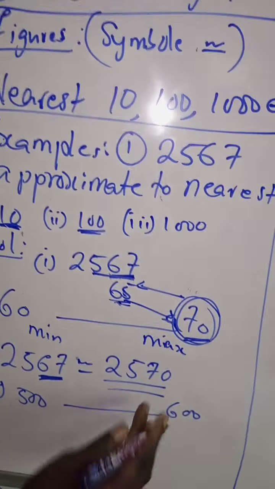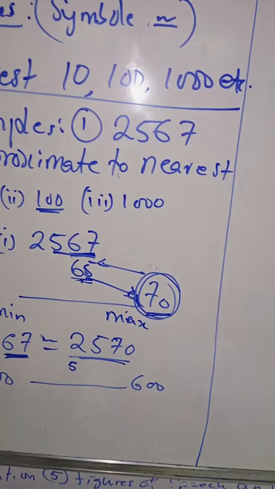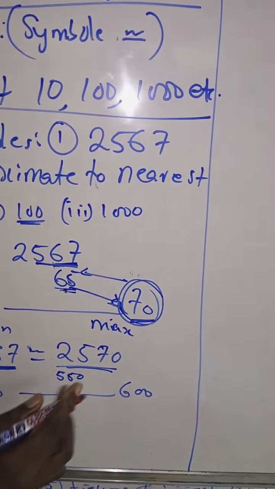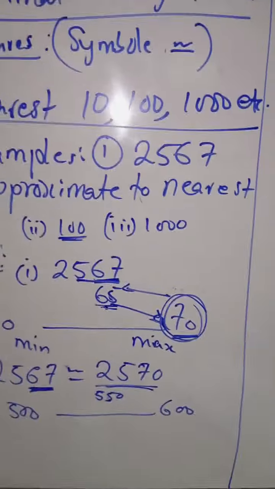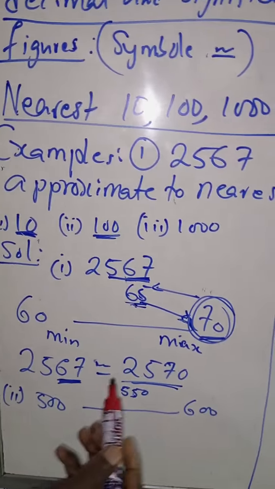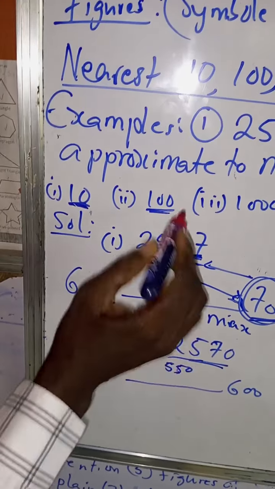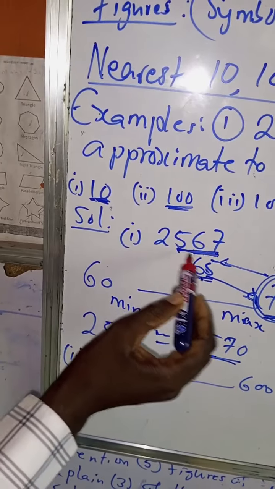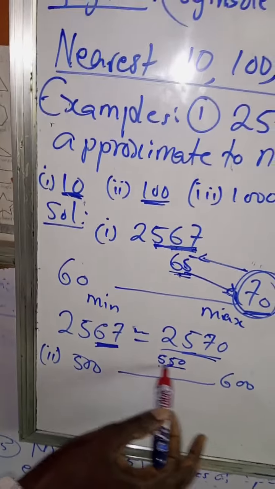Half of 100 is 50, so the middle is 550. I compare the last three digits, 567, with 550.